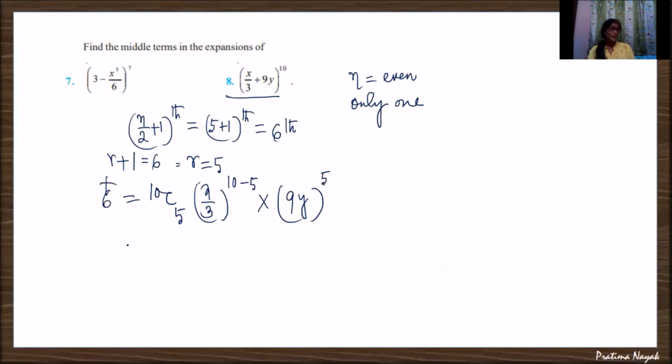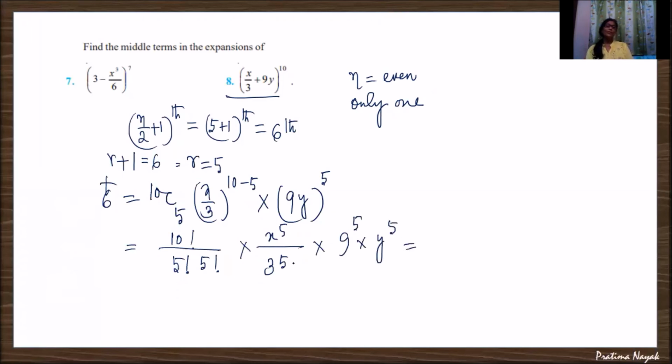So I hope you can simplify now. 10 factorial by 5 factorial into 5 factorial, then your x to the power 5 by 3 to the power 5, here 9 to the power 5 into y to the power 5. So x to the power 5, y to the power 5, you cannot cancel with anybody. Here you will write, 5 factorial cancel.